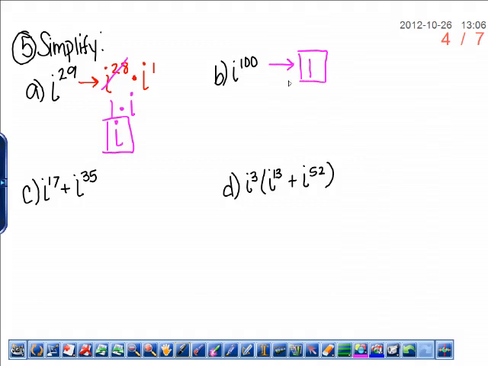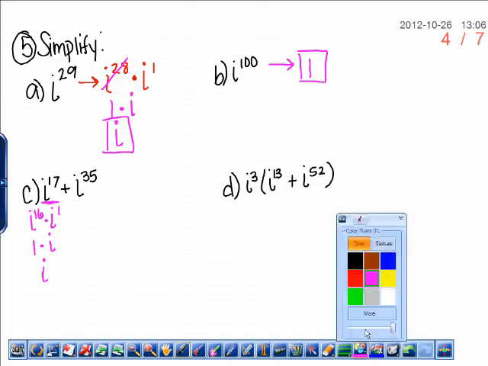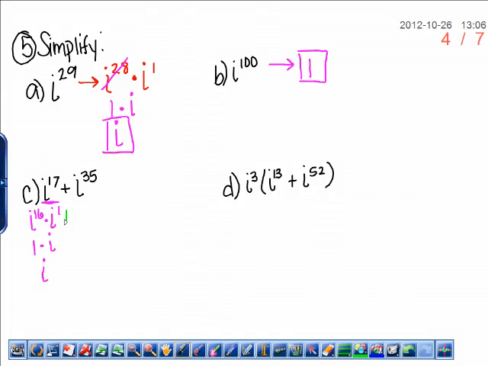i to the 17th plus i to the 35th. So we're going to break them down separately, and then we will add them. So let's start with i to the 17th. We're going to rewrite this as i to the 16th times i to the 1st. i to the 16th becomes 1, and i to the 1st is just i. So i to the 17th is i. Okay? Now let's do i to the 35th.